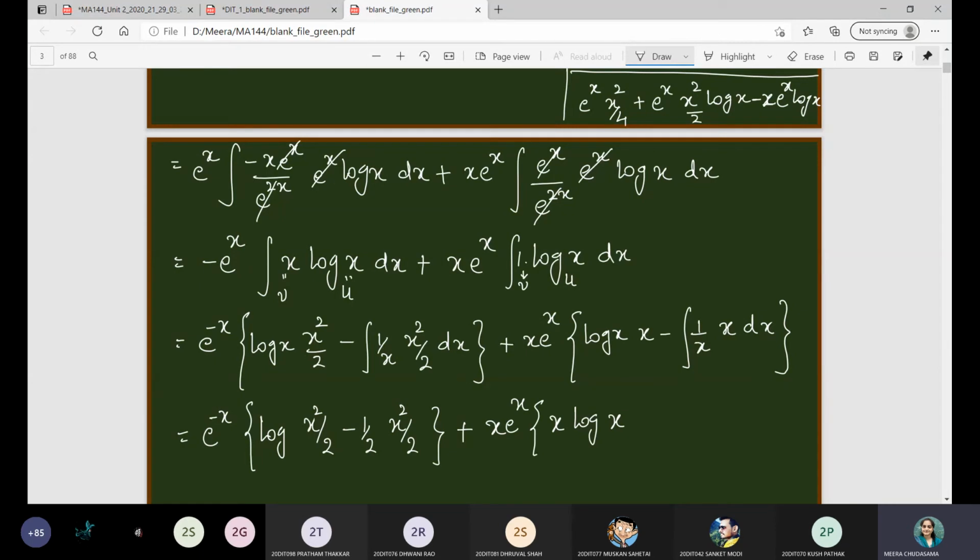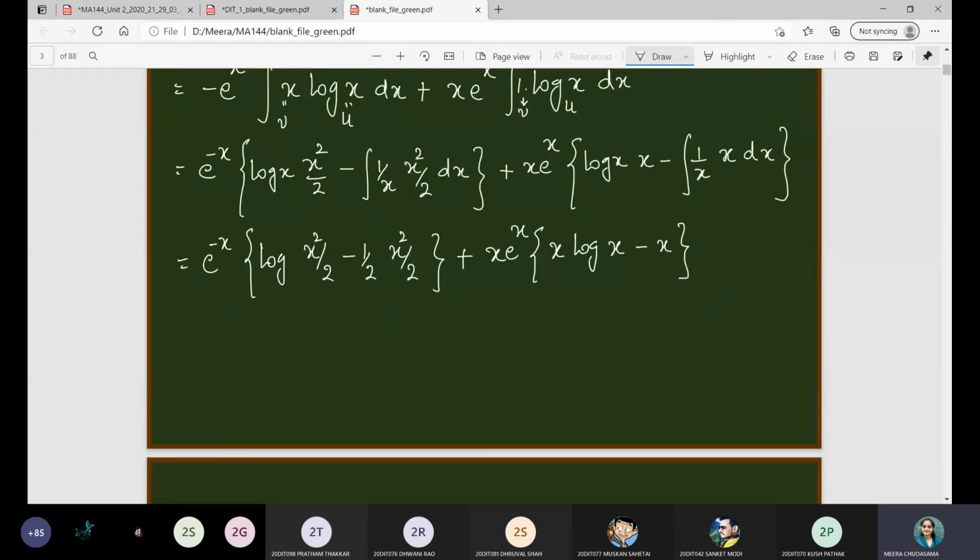Here this integrand will cancel out and we remain with just 1. Its integration is given by x. So let us simplify these things. So it is e raised to x, minus x log x square by 2 minus e raised to x, minus x square by 4 plus, let us multiply this with this one. So it is e raised to x.